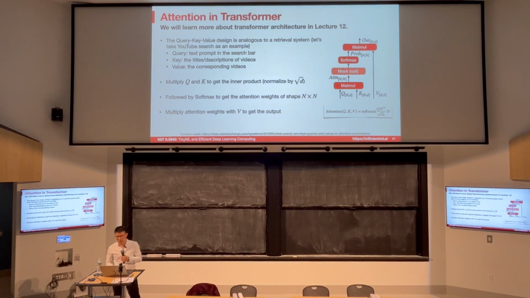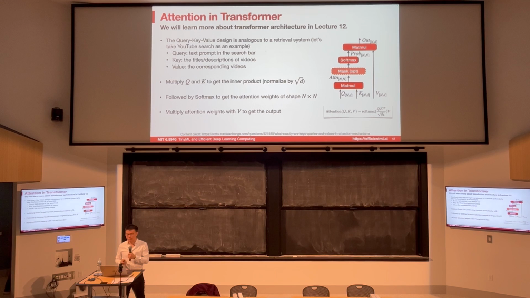Okay? And the detailed way to do that for the query key value, the design is actually very analogous to the retrieval system. Just take a YouTube search as an example. The query is like the text prompt in the search bar. Okay? And the key would be like the title or description, some short information about the video, and value would be the corresponding video. So you do a dot product with the query and the key to get the similarity, and use the similarity to do a weighted average of the value.